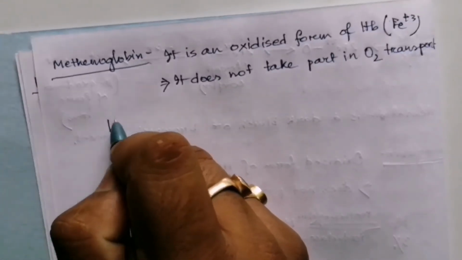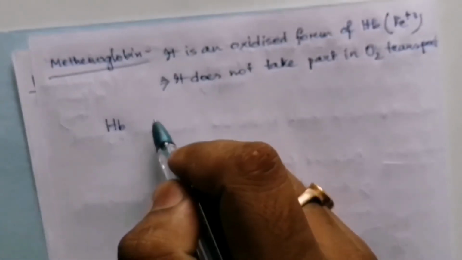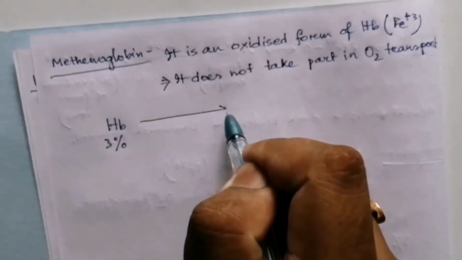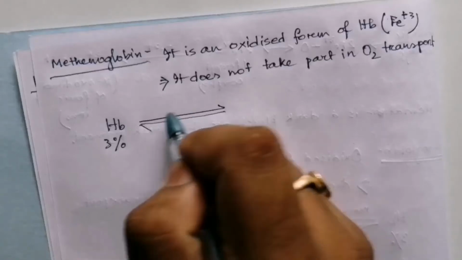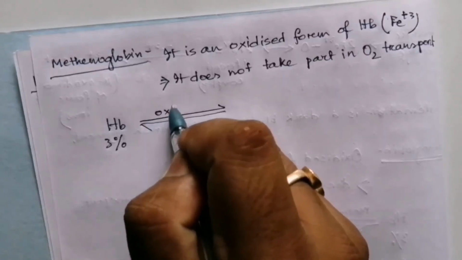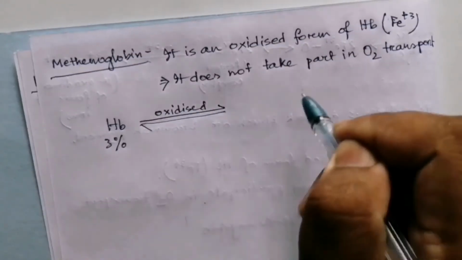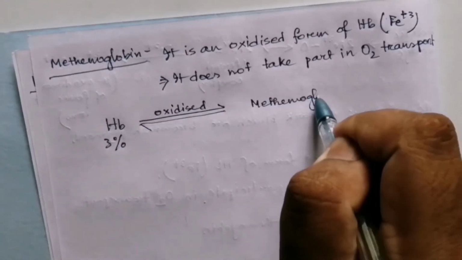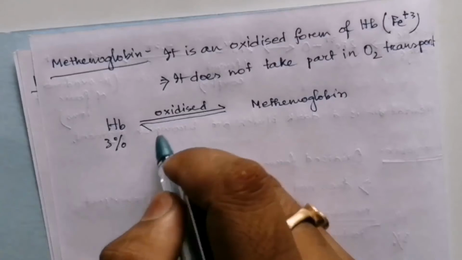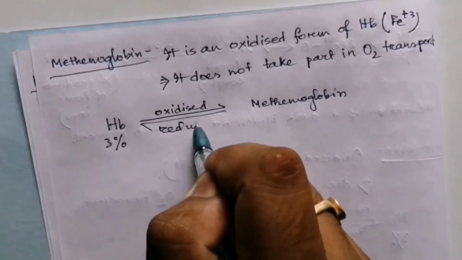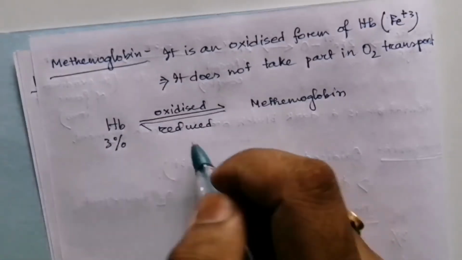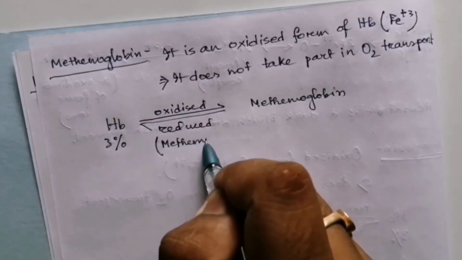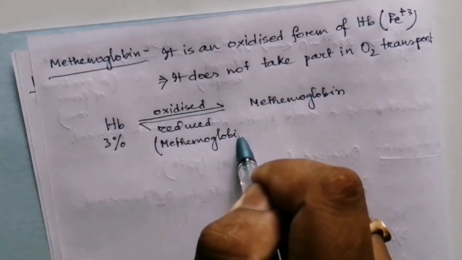That is, almost 3% of the hemoglobin gets oxidized to methemoglobin, which is again reduced to hemoglobin in presence of the enzyme methemoglobin reductase.